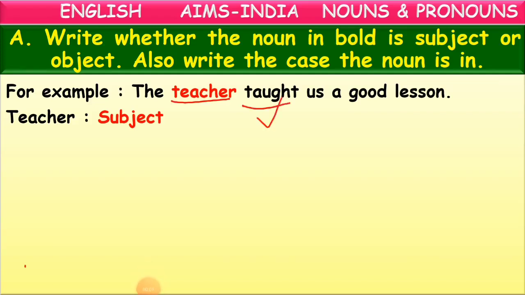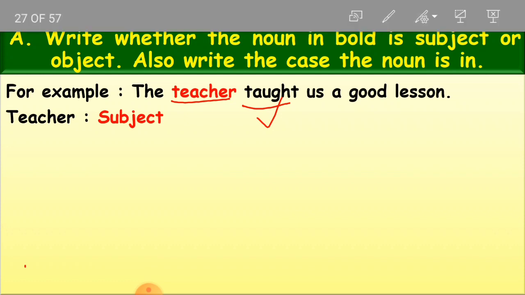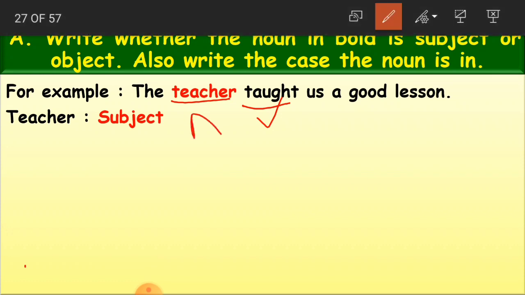When the noun is the subject, which case is it in, children? It is in the nominative case. I am marking it as N so that you can understand this is the nominative case. When the noun is the subject of the verb, that becomes the nominative case.